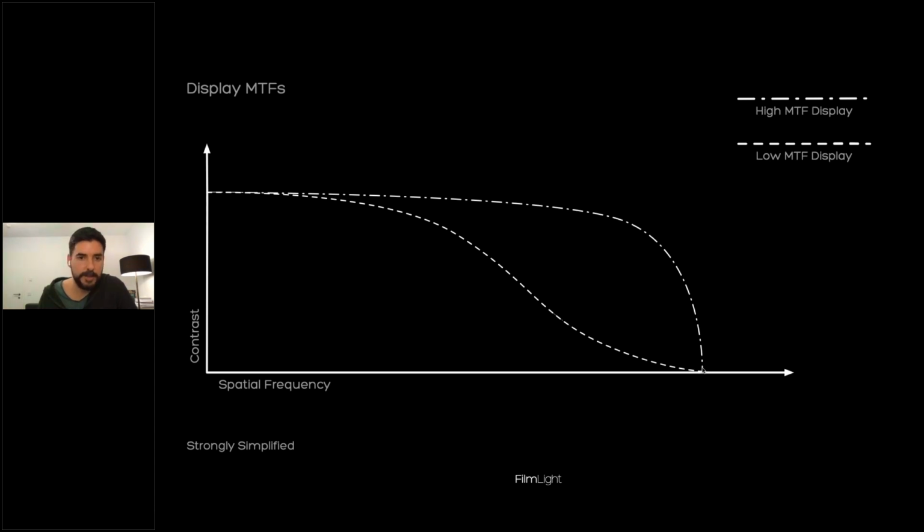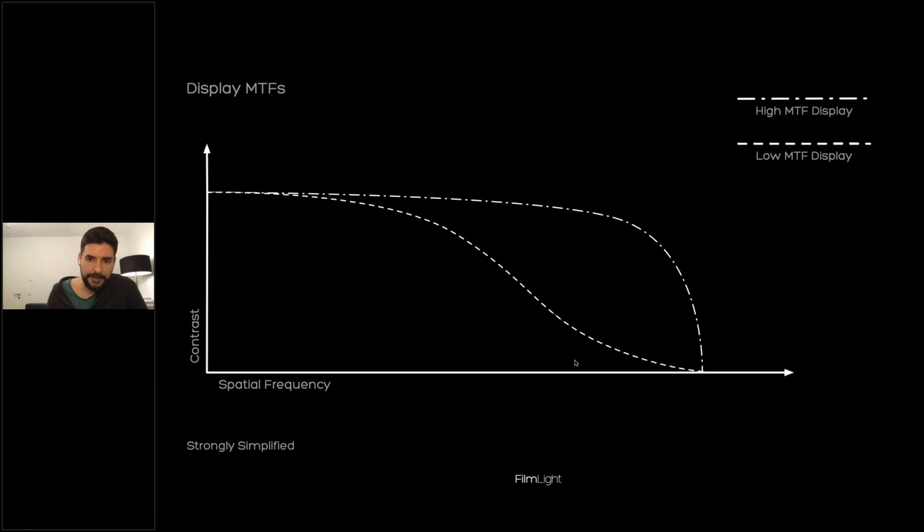That would be, for example, an OLED display or a dual layer LCD display, which are very popular for HDR grading at the moment, or an LED wall in the cinema. So let's say this is an LED wall in the cinema, and the other one is a low MTF display, which is, for example, a Xenon DLP projector, typical DCI compliant projector.